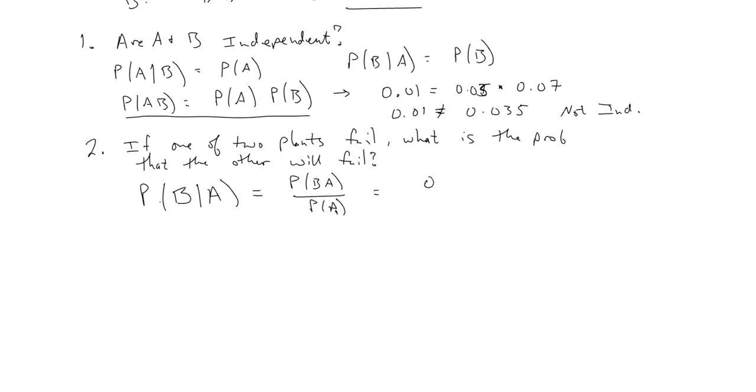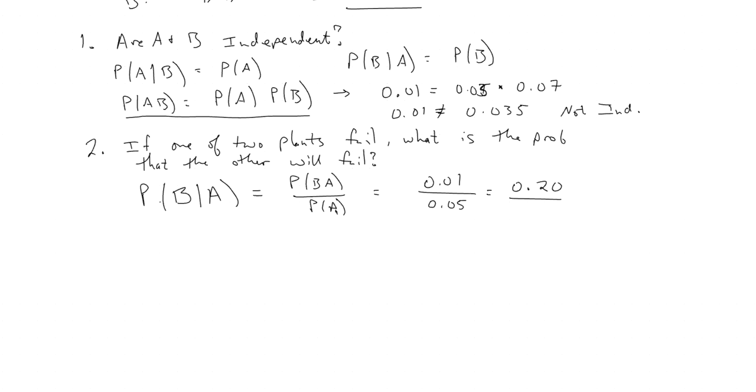That first probability was given. Second probability we already also have. So we actually have a pretty high probability of B failing if A failed.